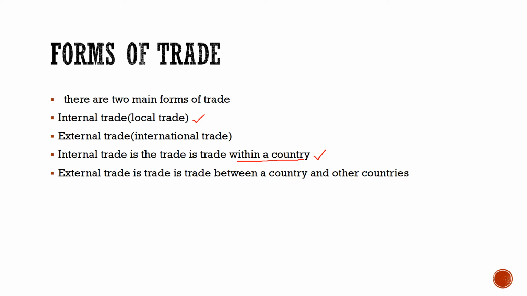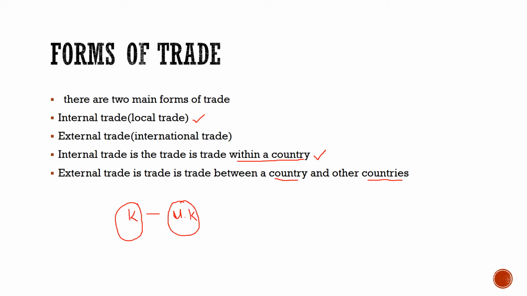What about external trade? External trade is trade between a country and other countries. For example, trade between Kenya and the UK. UK stands for the United Kingdom. Trade between Kenya and the UK, we are not going to call local trade.